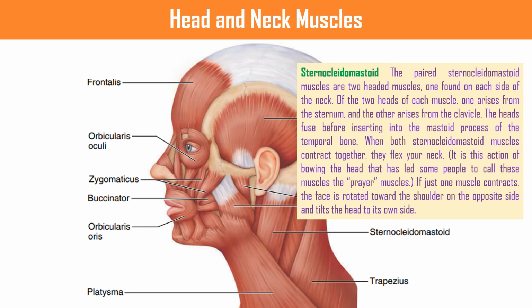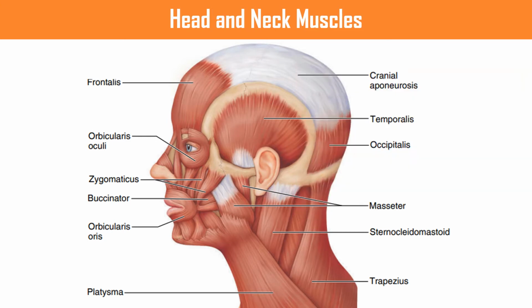When both sternocleidomastoid muscles contract together, they flex your neck. It is the action of bowing the head that led some people to call these muscles the prayer muscles. If just one muscle contracts, the face is rotated toward the shoulder on the opposite side and the head tilts to its own side.